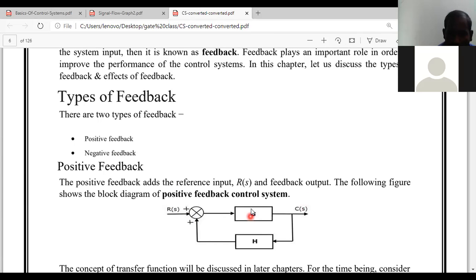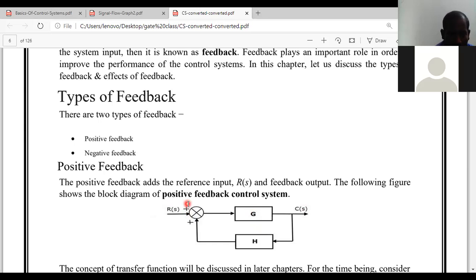G is the plant transfer function. H is the feedback transfer function. Is it clear? In positive feedback, the input signal and part of the output signal will be in the same phase. That means they will be added.